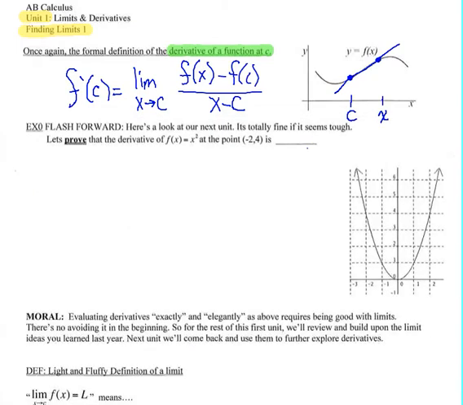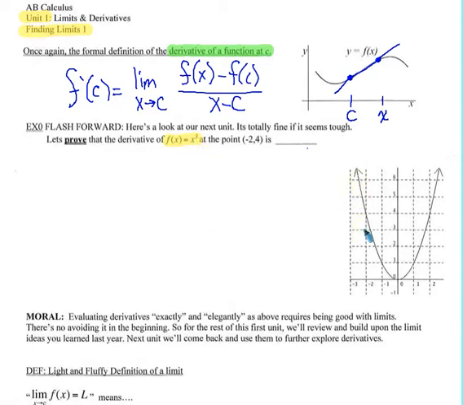Now, since we're doing computation here, we're going to take a quick flash forward and look at this formula for the derivative with a particular function. Here we're looking at the function x squared.